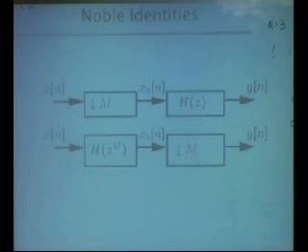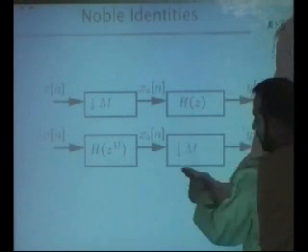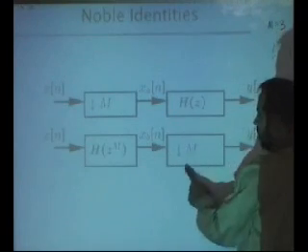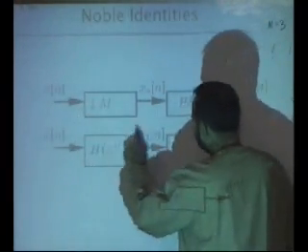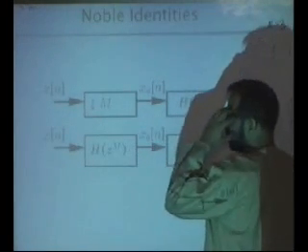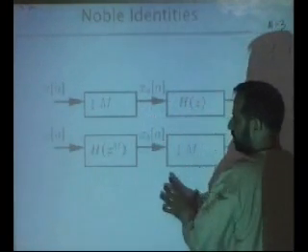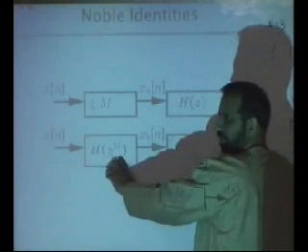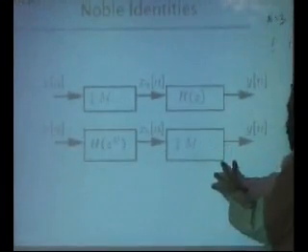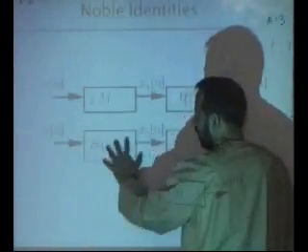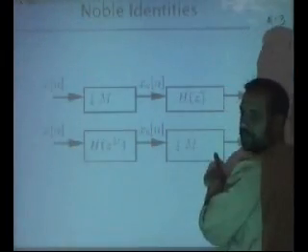This is the identity which helps you to reduce the computation, and the noble identity says if there is a decimation, you can take this decimation on this side of the filter and it will eat up this M. So conceptually, if you have a lot of zeros, after every sample you have M minus 1 zeros, you are bringing an input, convolving it with this, then throwing away samples.